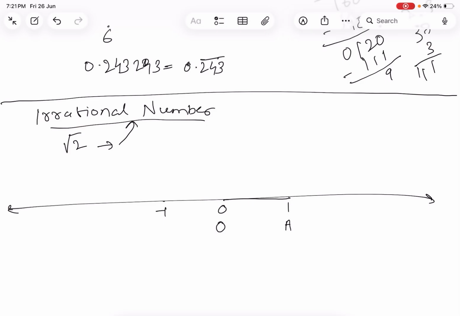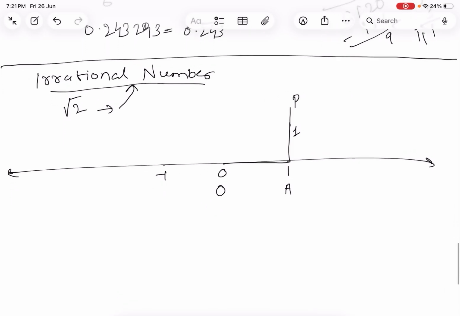You can also draw one more perpendicular at the point A, equivalent to 1 centimeter, equal to OA. You draw segment OP and segment AP, which is also 1 unit. So this is 1 unit, this is 1 unit.